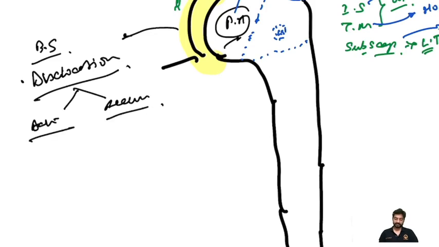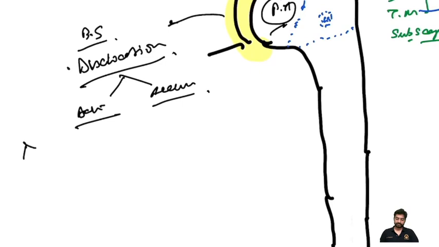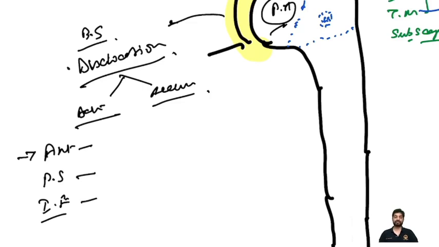If you talk about acute dislocation, it is again divided into 3 parts according to the direction of dislocation: anterior, posterior or inferior. By checking the deformity, the direction of your arm, we can check clinically which it is.